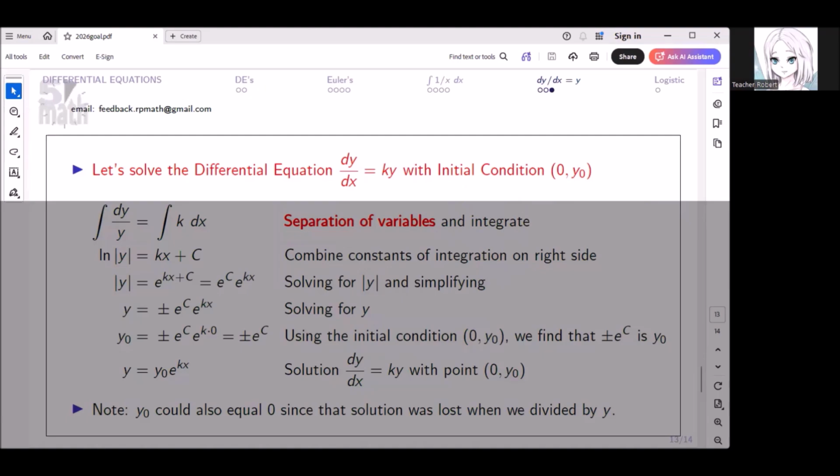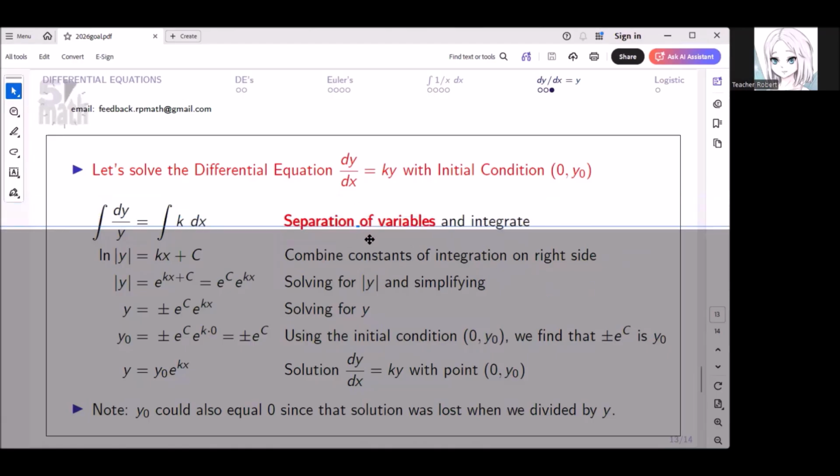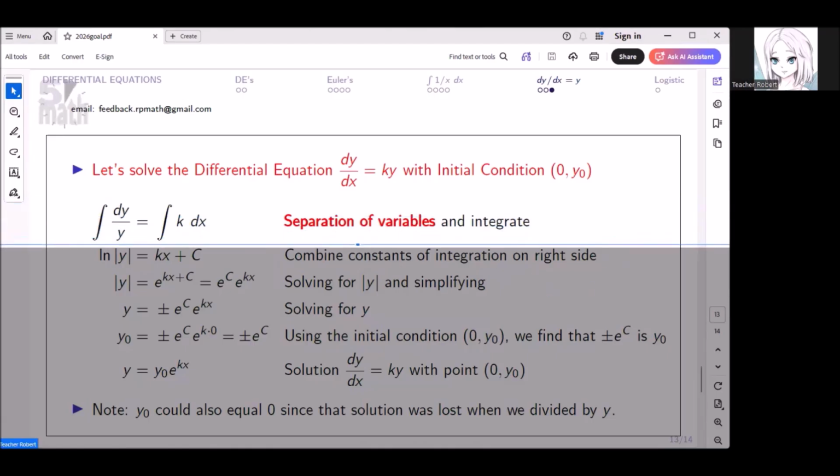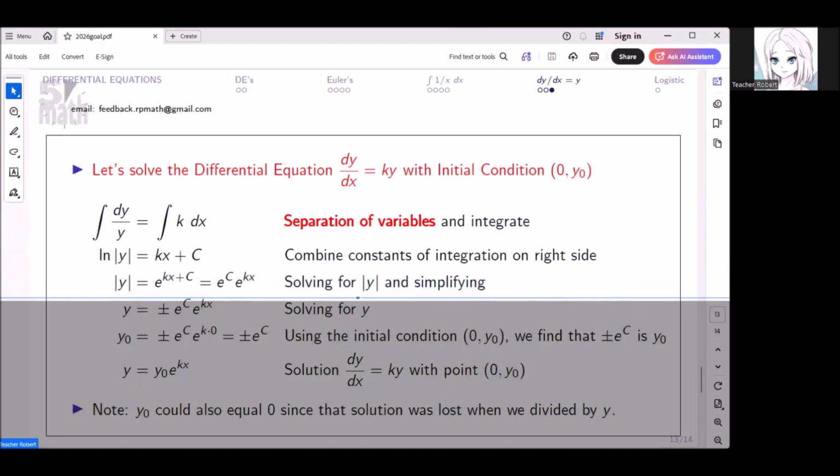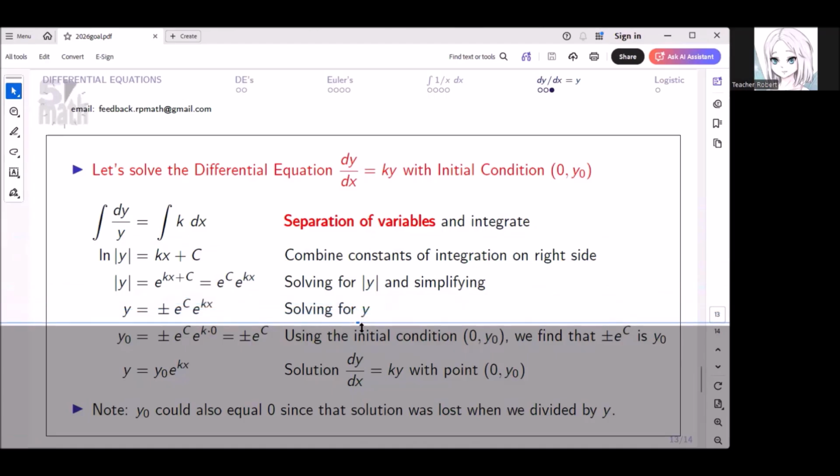Let's solve the differential equation dy dx equals ky with initial condition 0, y0. Separation of variables and integrate. Combine constants of integration on right side. Solve for absolute value y and simplifying. Solving for y.